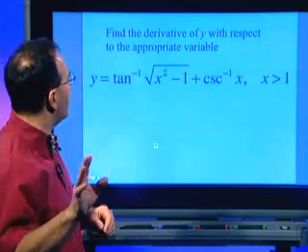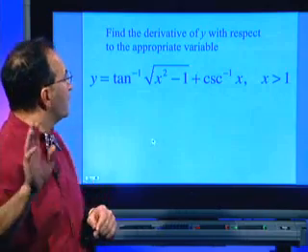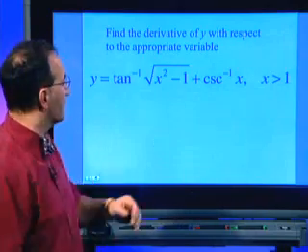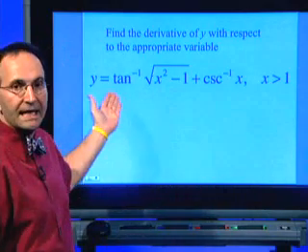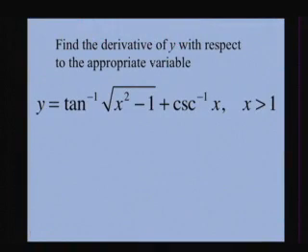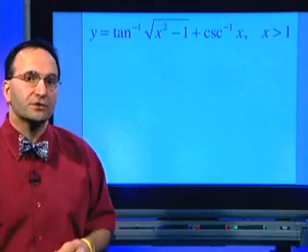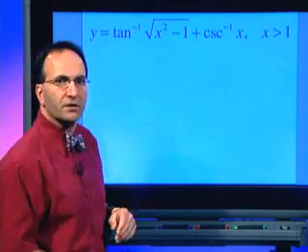Let's say we are asked to find the derivative with respect to the appropriate variable, which in this case would be x, for the function y equals inverse tan of the square root of x squared minus 1 plus the inverse cosecant of x, where x is greater than 1. All right, so let's find the derivative for this particular function.